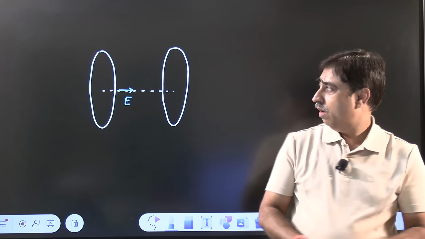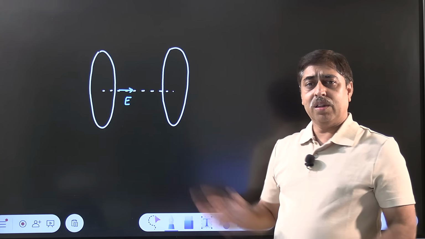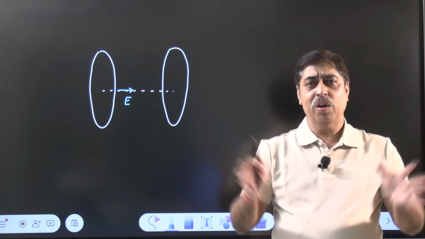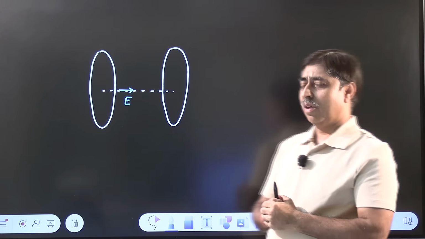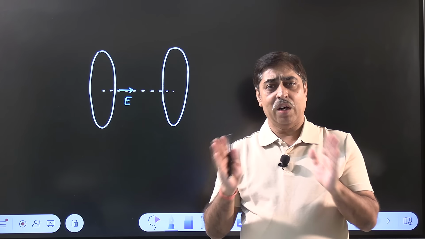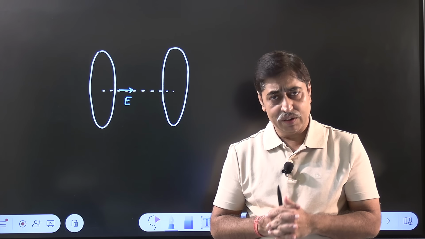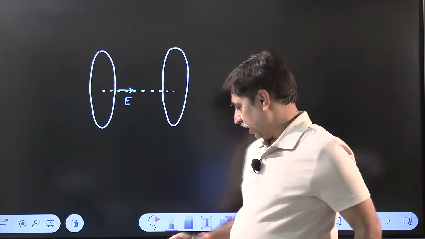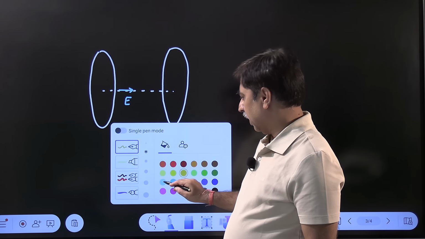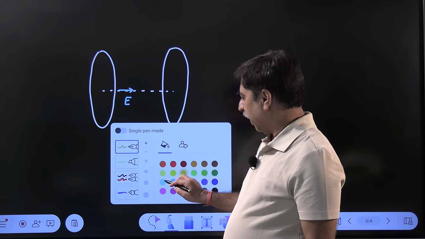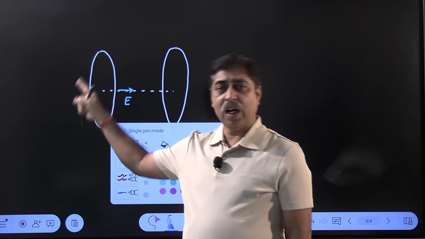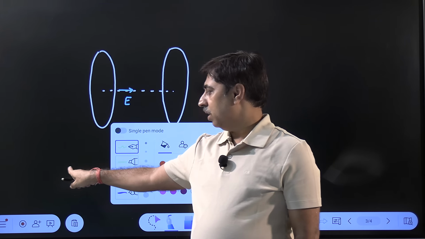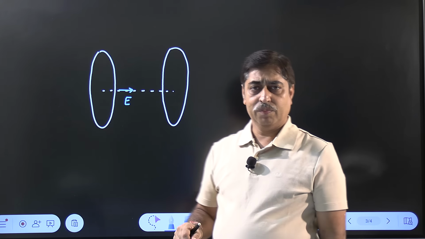Actually, consider that the two plates are circular. You can consider rectangular or square shaped plates also, but I have considered the two parallel plates to be circular in shape. Just because of repulsion of charges, we can make a guess that the charge density on the surface of either of these two plates is not going to be uniform.